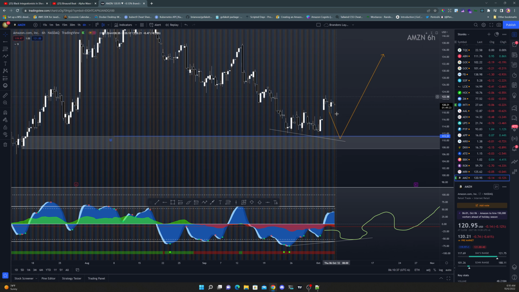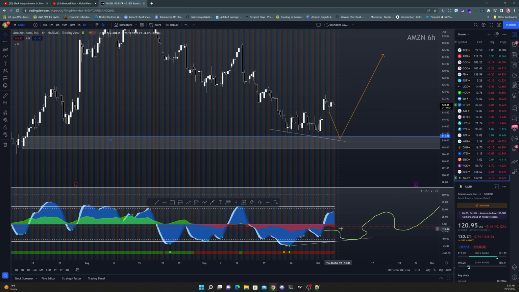So we could potentially see it start to come back down into here and maybe mitigate the zone. Starting to break up higher though. So we could be shooting for a target in here, but I want to see it come down to here first. But everything is looking like it's slightly on the turnaround.